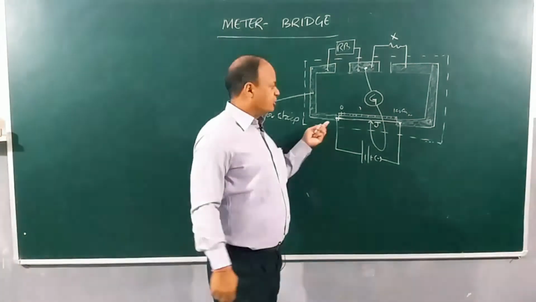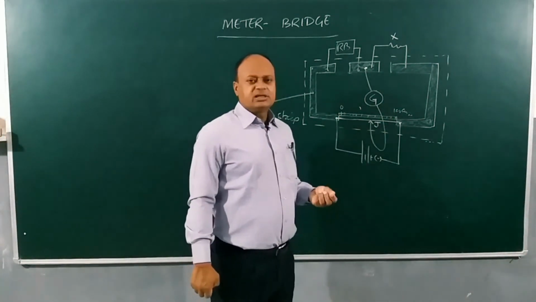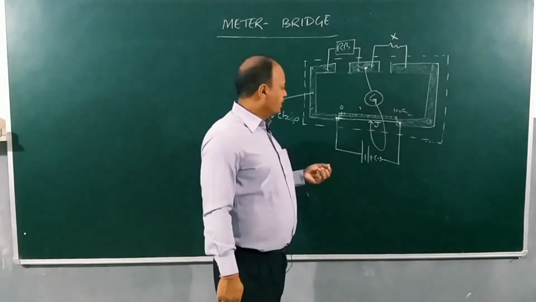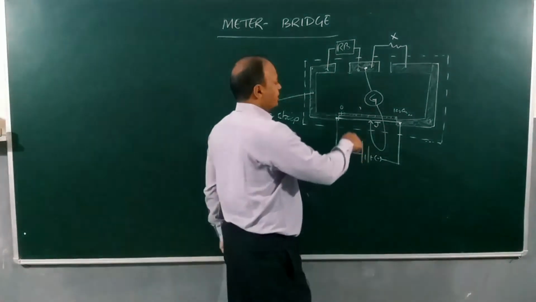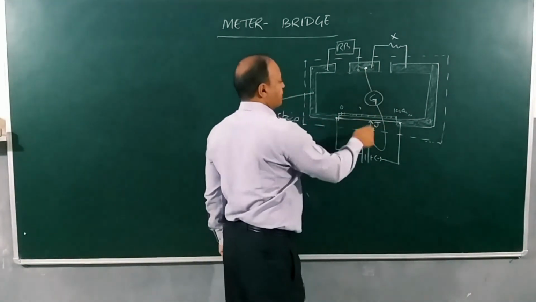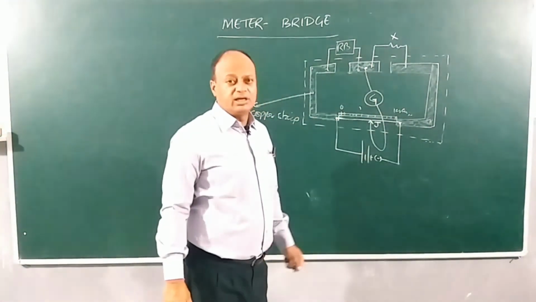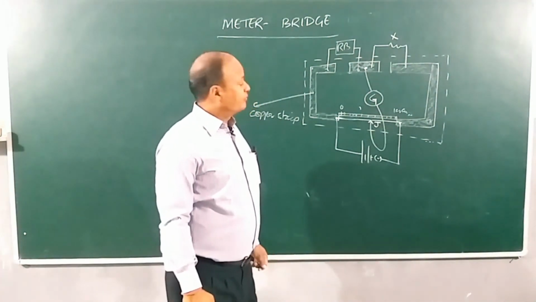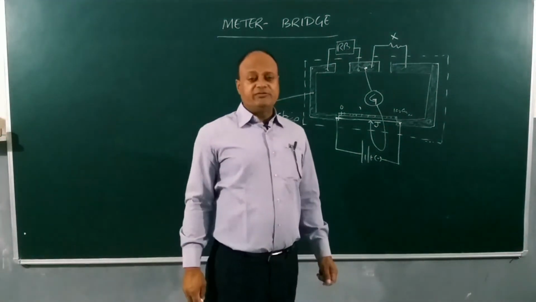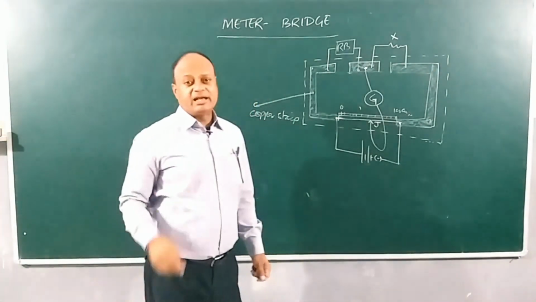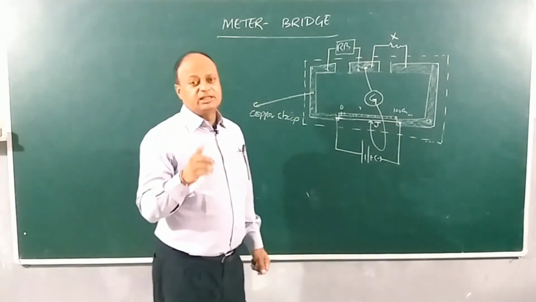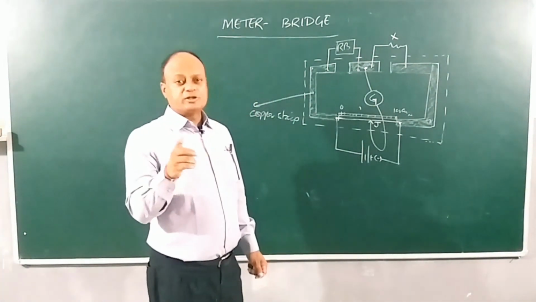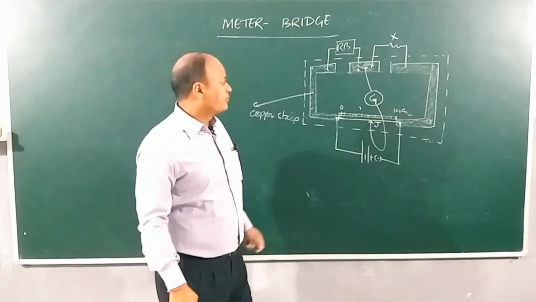This copper wire has got uniform cross section, right? If copper wire is not available, you can also use nichrome wire or magnesia wire. Why do we use these wires? Because they have high resistivity and low temperature coefficient of resistance, right?